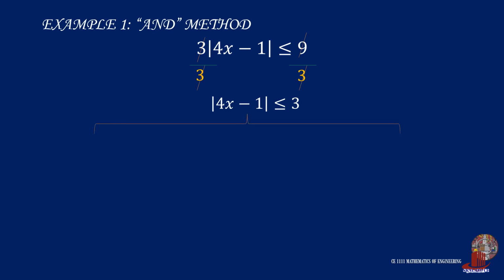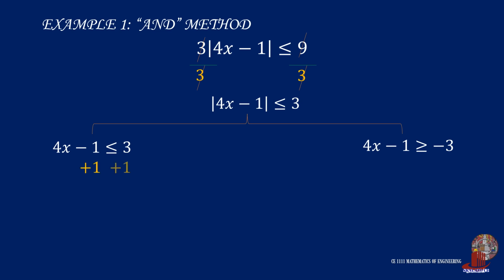Eliminate the absolute value by placing the constants as positive and negative, where the latter constant will also be connected by the opposite operation. So we get 4x minus 1 is less than or equal to 3, and the other is 4x less 1 is greater than or equal to negative 3.